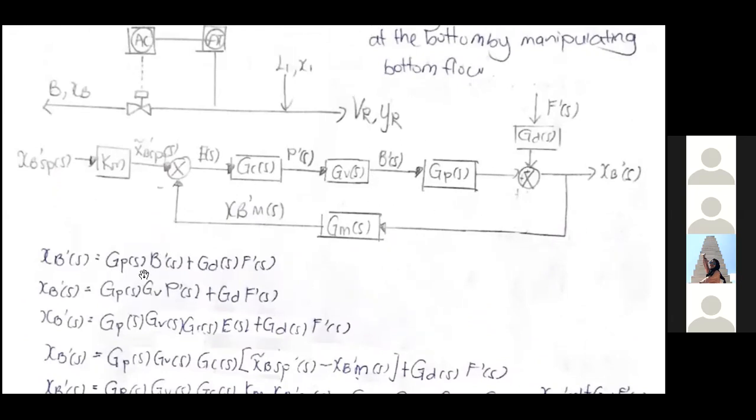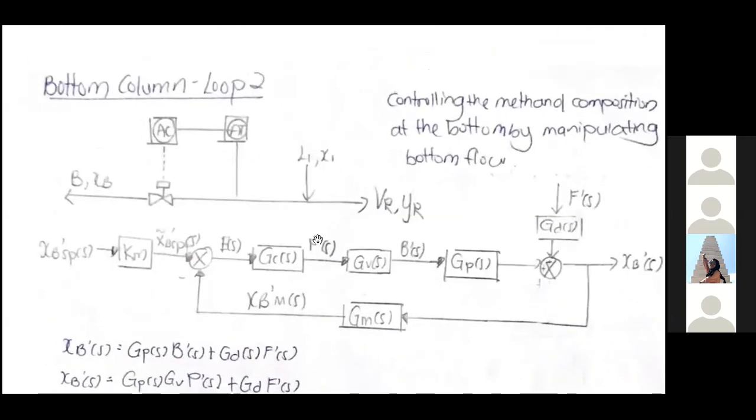It is influenced by the manipulated variable and also the disturbance. This is how we write the equations. And from B prime S, the bottom flow rate, we can derive it using this.